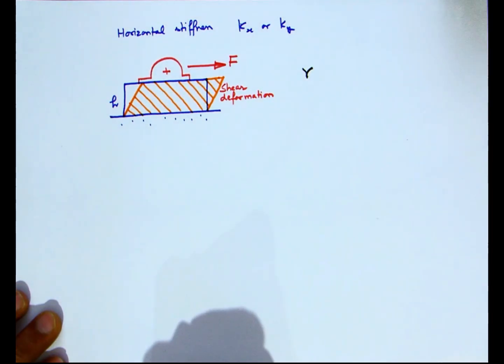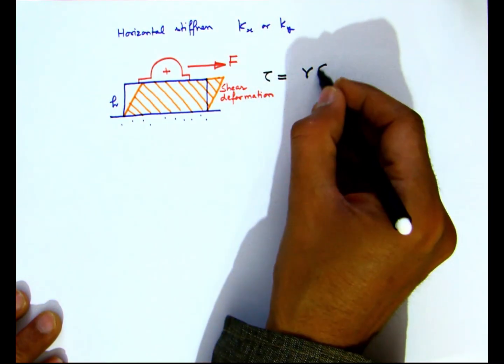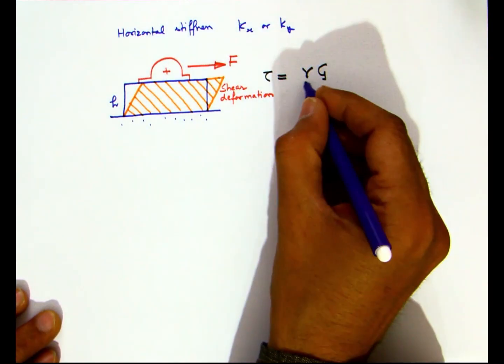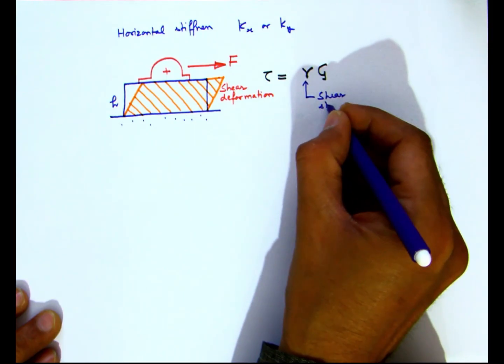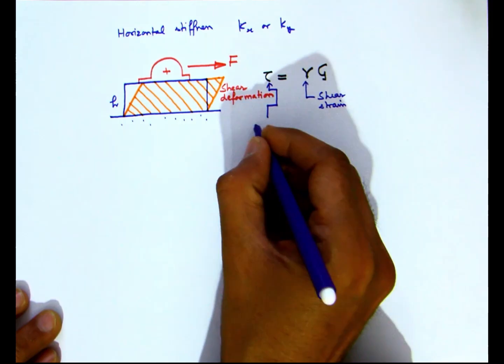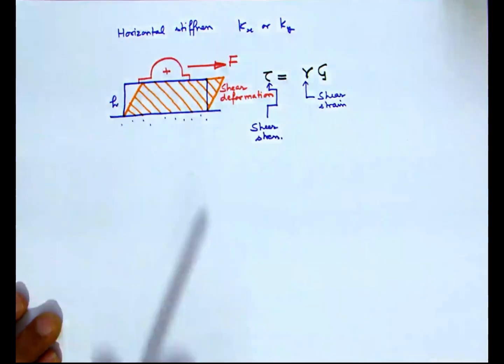So here the shear strain gamma undergone by the pad plays an important role. We know very well the relationship between shear stress and the shear strain with the shear modulus of elasticity.